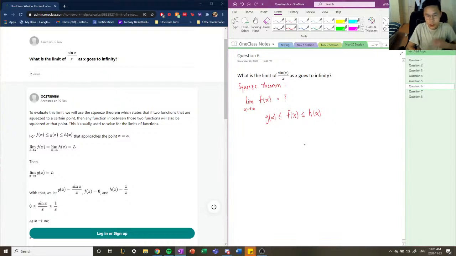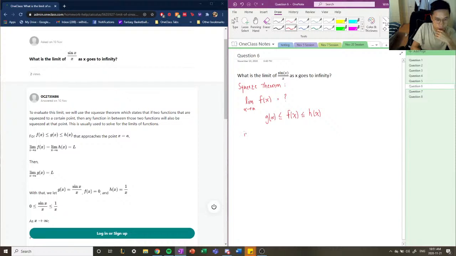So once we have this inequality set, right, if the limit of g of x and h of x as x approaches a is the same, then f of x also has that limit, okay?